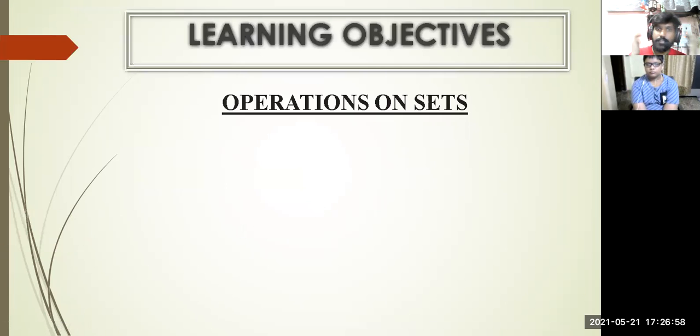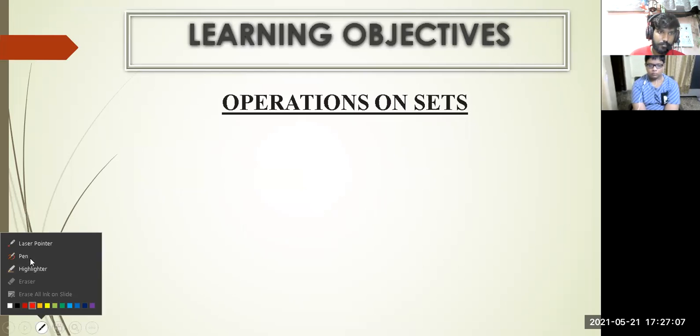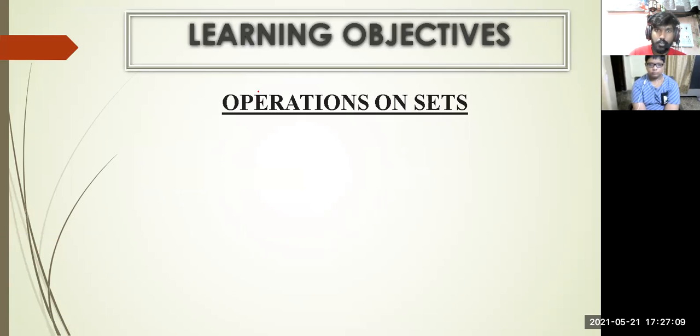The next concept is called operations on sets. Now what do you mean by the word operation? In maths, operation means, suppose I say operations on numbers. What operations can be done on numbers?